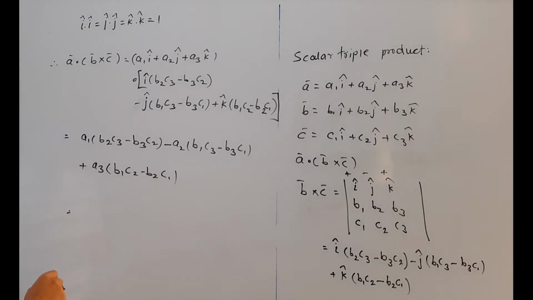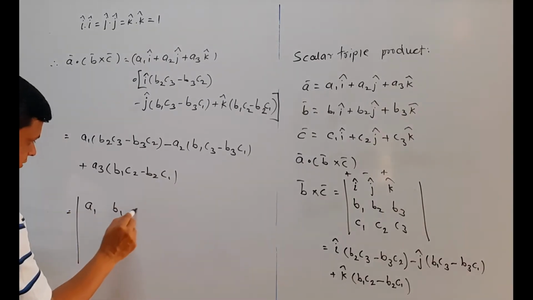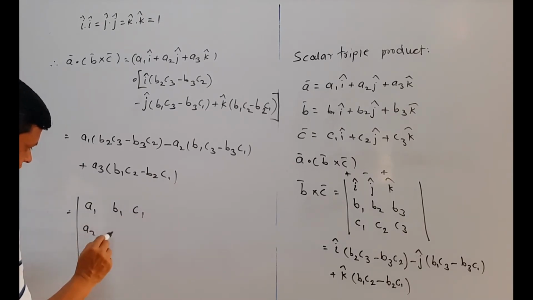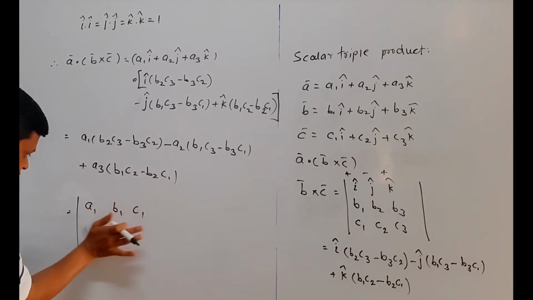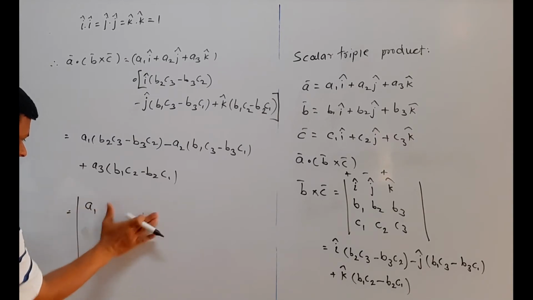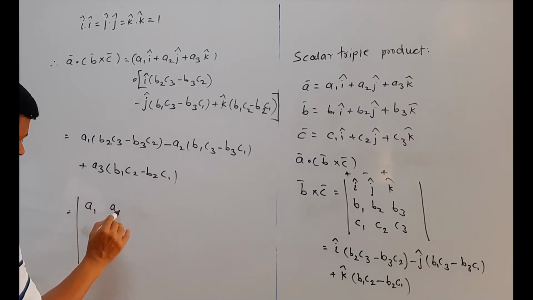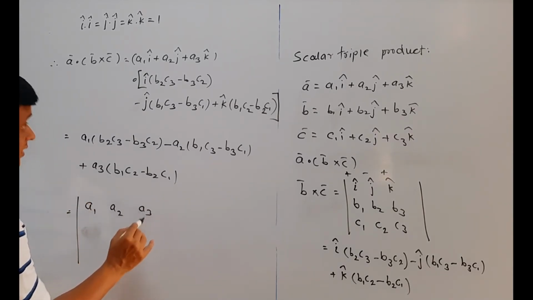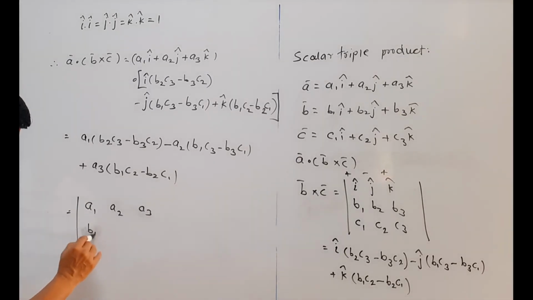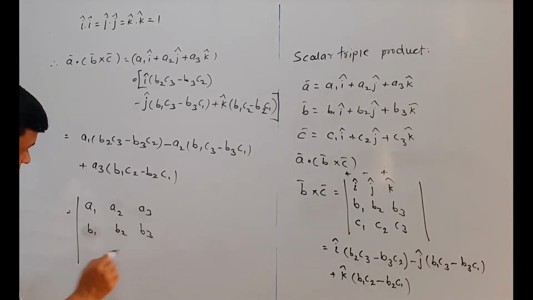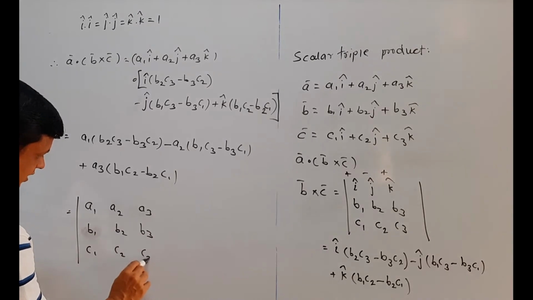Now this is the value for the determinant with rows A1 A2 A3, then B1 B2 B3, C1 C2 C3.